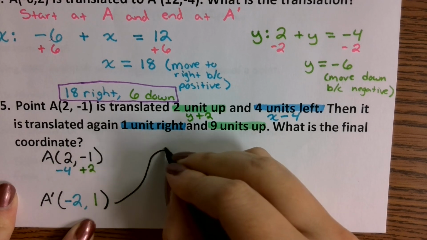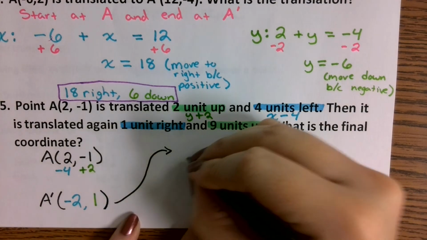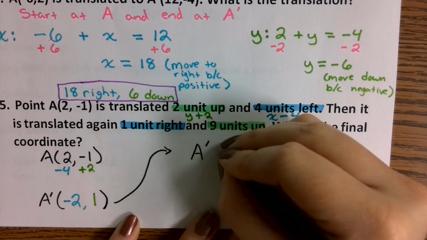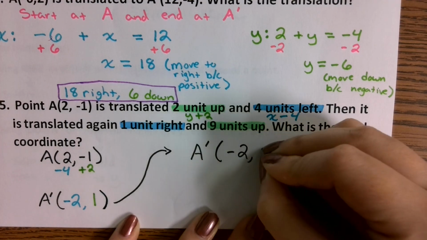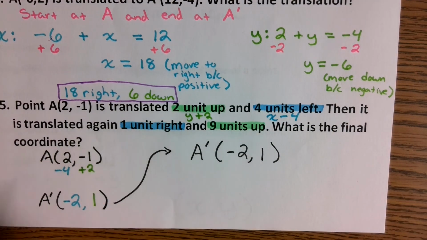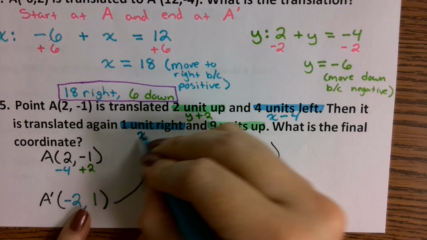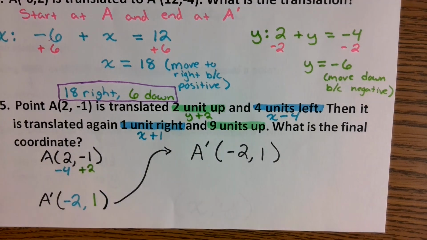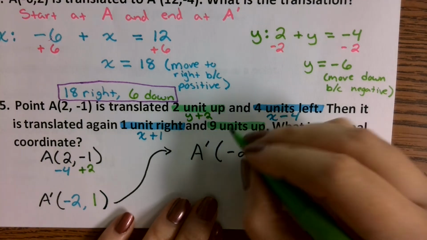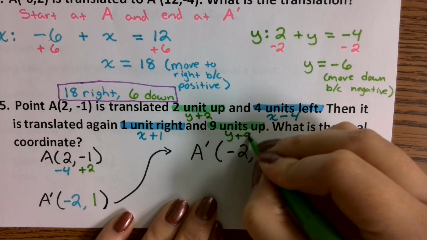But I don't want a prime, I want a double prime. So now we're going to take that a prime of -2 and +1, and we're going to do the second transformation. So for the second transformation, we're going to move 1 unit to the right, which means we're going to take our x value and add a 1. Then we're going to use 9 units up, so we're going to take that y unit and add 9.